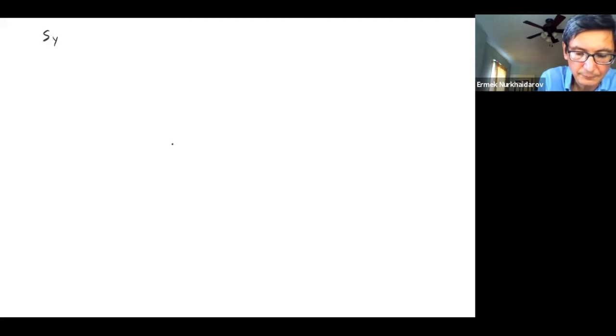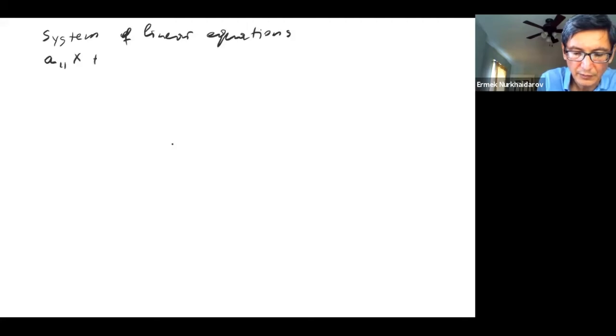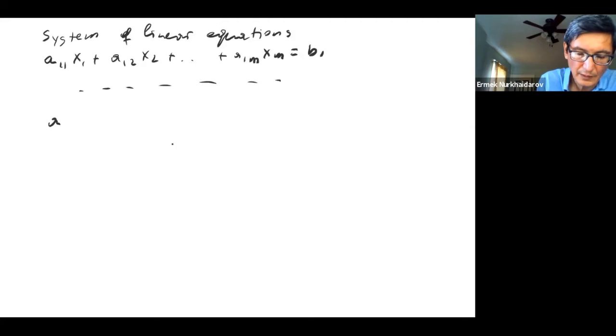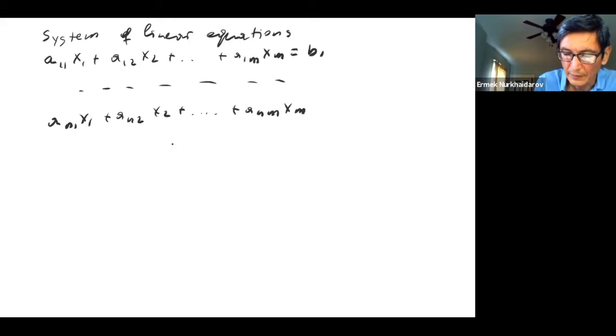Say a11 x1 plus a12 x2 plus ... a1m xm equals b1, and so on, down to an1 x1 plus an2 x2 plus ... anm xm equals bn. We have a system of linear equations.